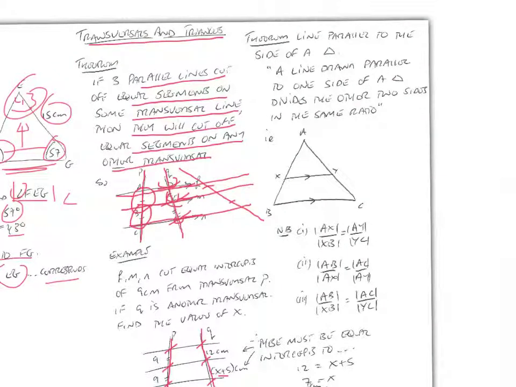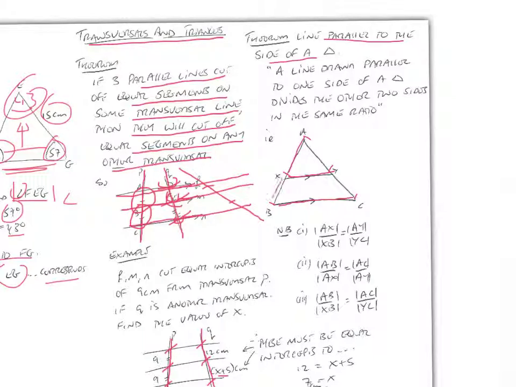Okay, now another theorem: the line parallel to the side of a triangle. A line drawn parallel to one side of a triangle divides the other two sides in the same ratio. So here's a line drawn parallel to this side of the triangle, dividing these two sides into the same ratios. And there's three different ratios going on here.